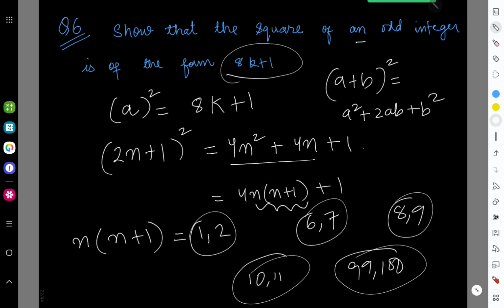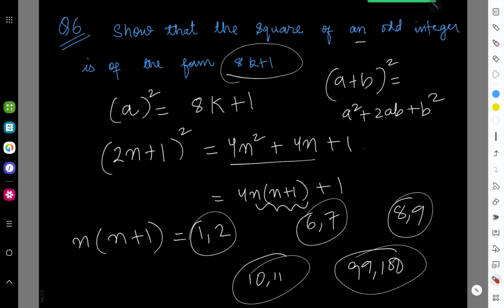Okay, let's look at these five examples. See, here 2 is even, here 6 is even, 8 is even, 10 is even, 100 is even. So we can conclude that among any two consecutive integers, at least one of them is even.